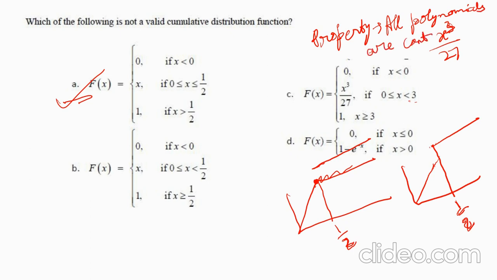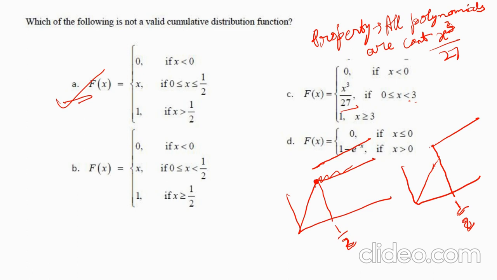So in between 0 up to 3, it is continuous, and at each point the fx will be right hand continuous, and when x is greater than or equal to 3, it is 1, so it will also be right hand continuous.